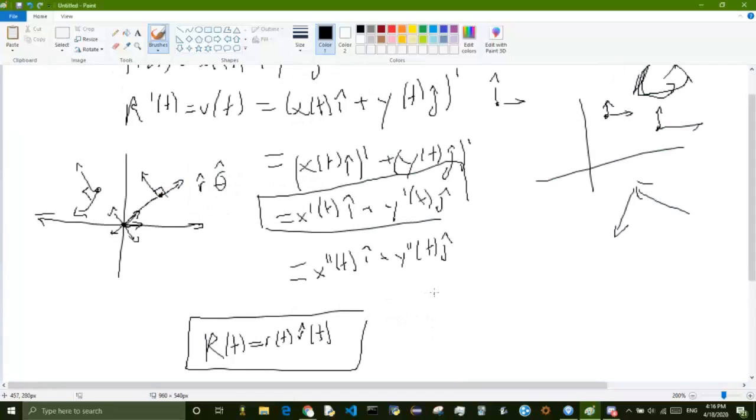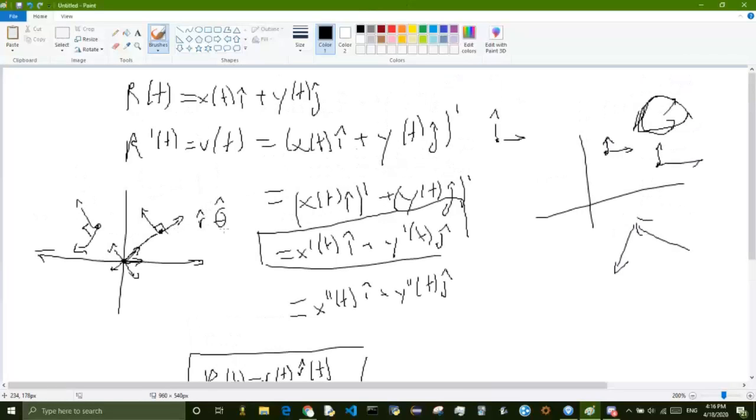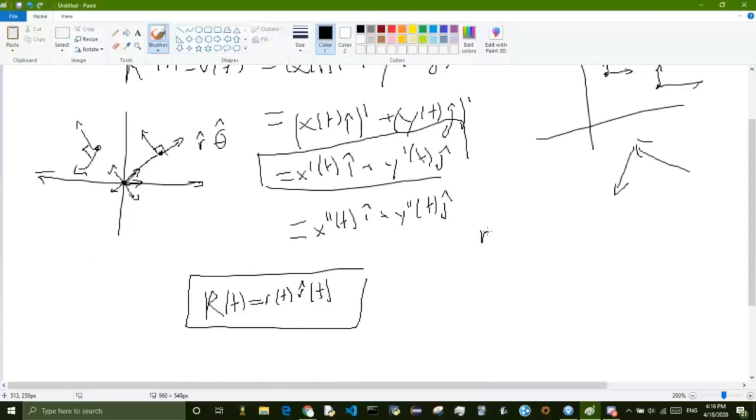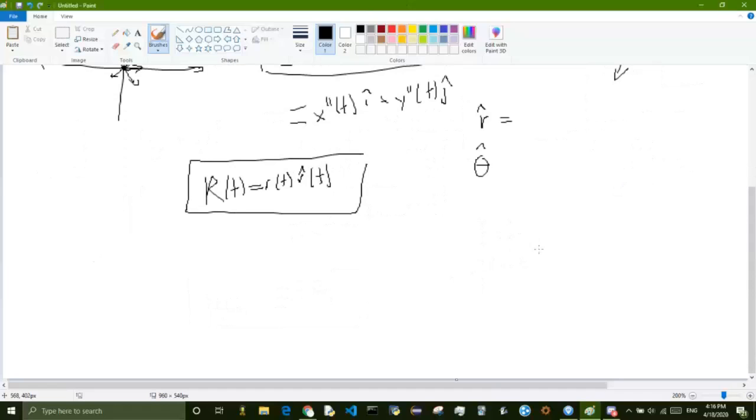So what we have to do is a lot of steps, right? The reason why is that first we would like r hat and theta hat in terms of x hat and y hat. What is r hat? Well, let's draw a triangle. This is theta.